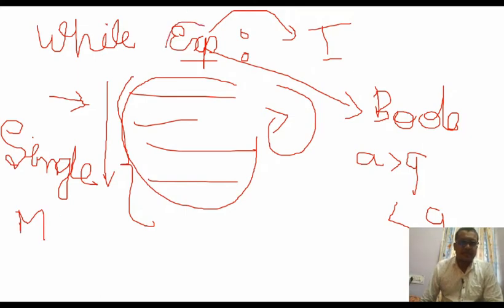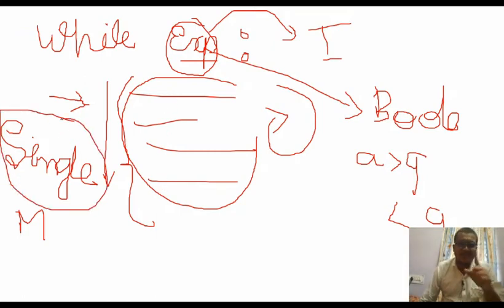These expressions can be in Boolean formats, that is a greater than 9, a less than 9, a equals to 9, and these respective true statements can be in a single line, only one statement, or multiple lines.